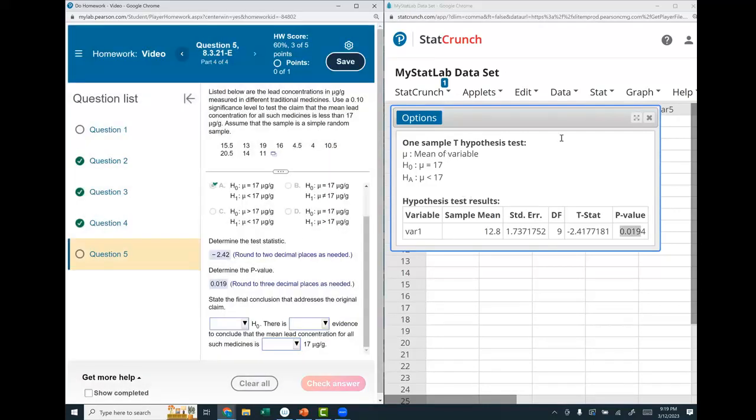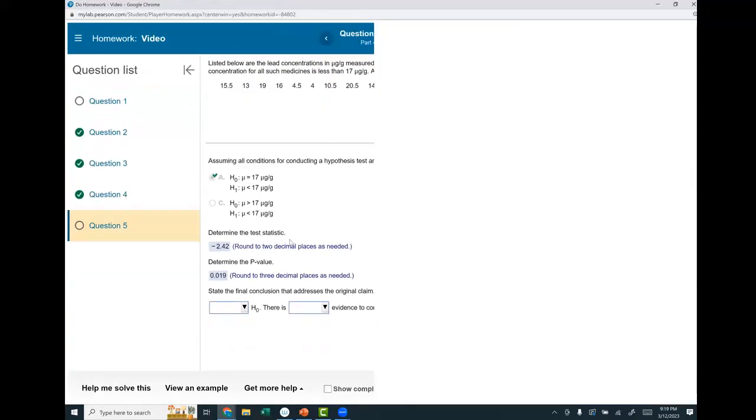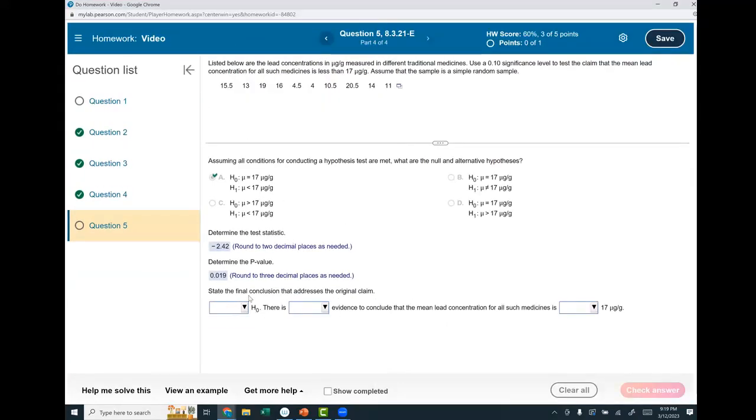Now we have to state our conclusion, and we don't really need our StatCrunch anymore. State the final conclusion that addresses the original claim. So our significance level is 0.10, and our p-value is 0.019.